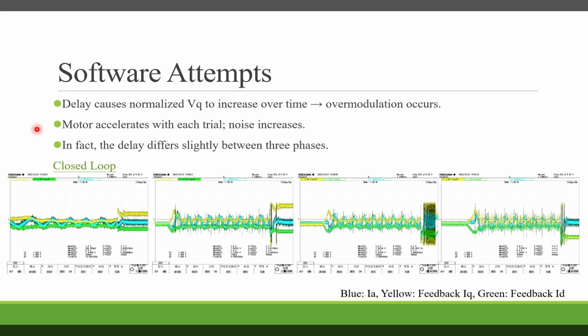What I suspect is that the delay causes normalized VQ to increase over time, and this will cause overmodulation. Overmodulation will produce this erratic current pattern. Also, as time goes on, noise also increases, as well as the acceleration and the speed. In fact, the delay differs slightly between the three phases. It's between 74 and 68 degrees.